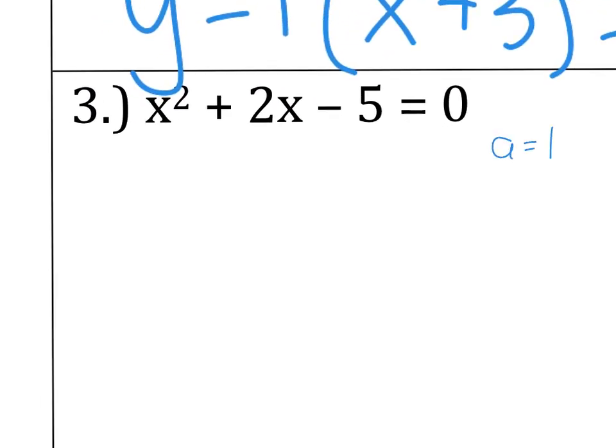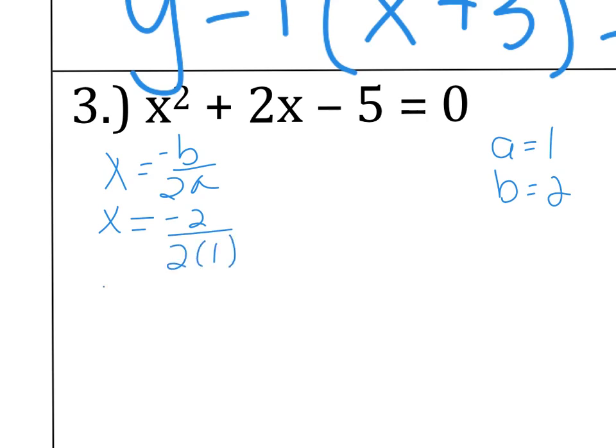A is 1, B is 2, X equals negative B over 2A. Yes, you have to remember that formula. So negative 2 over 2 times 1, this is going to give me negative 1. Let's plug in negative 1 and see what we get for y. Negative 1 squared is going to give me 1, plus 2 times negative 1 is going to give me negative 2, minus 5.